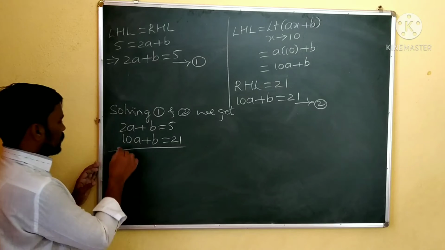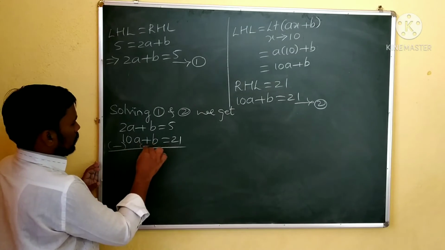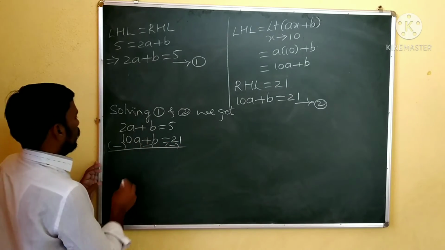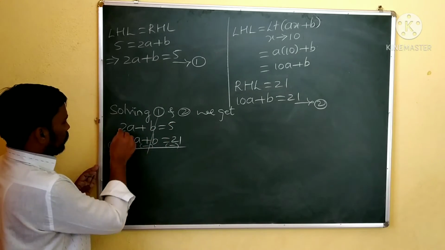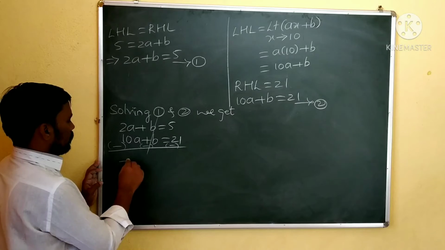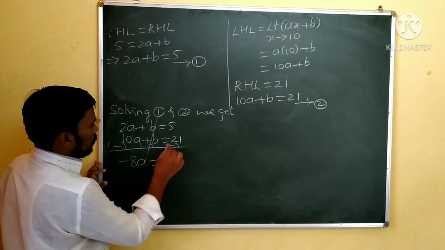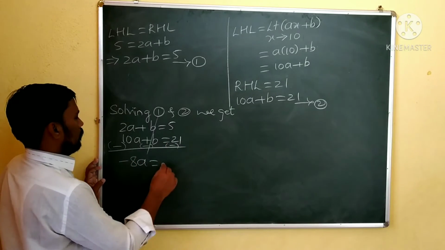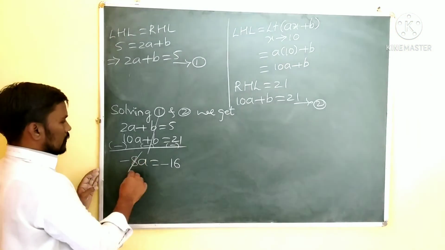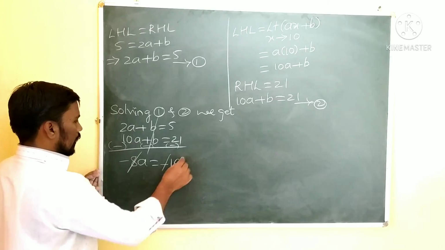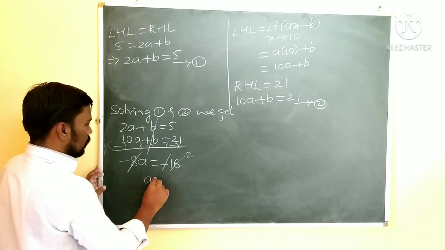Take the difference, just change the sign. Plus b and minus b get cancelled, plus 2a minus 10a, which is minus 8a, is equal to minus 21 plus 5, minus 16. So minus sign will be cancelled on both sides, 8 twos are 16, a is equal to 2.